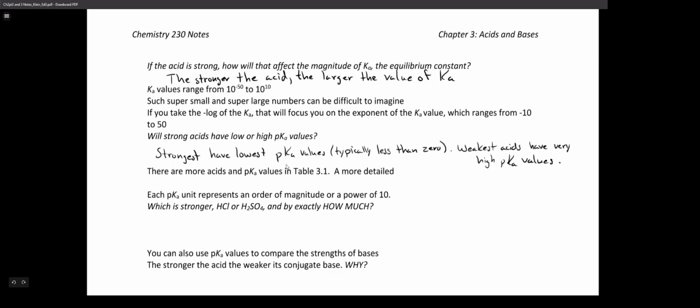But the idea is if a pKa value is less than 0, that means it's a very strong acid, or it's a strong acid from the way we taught it in 140. So hydrochloric acid will have a pKa value. Hydrochloric is strong, its pKa value will be less than 0. Okay. Nitric acid is the weakest of the strong acids, but if it's a strong acid, its pKa will be less than 0.